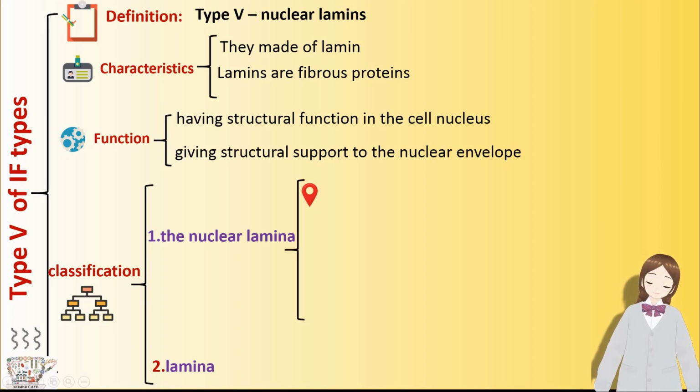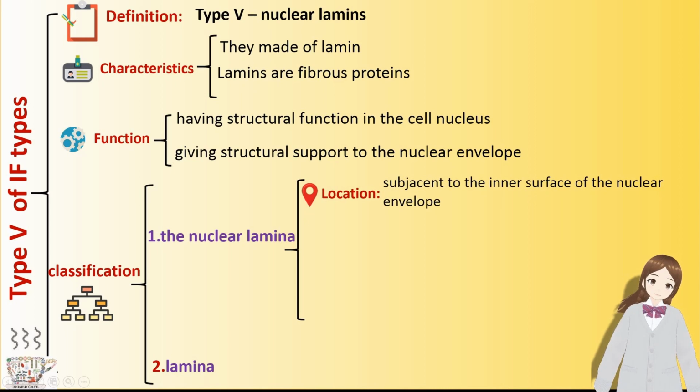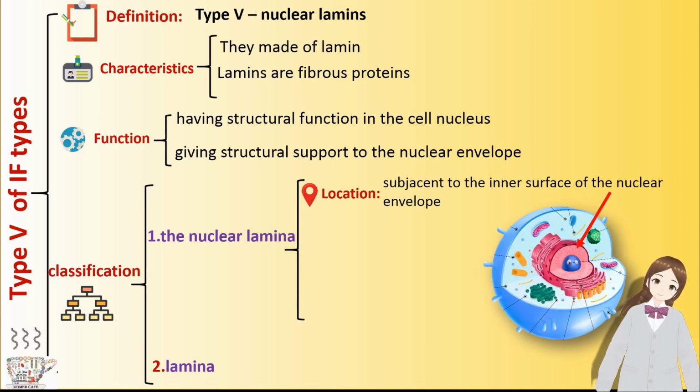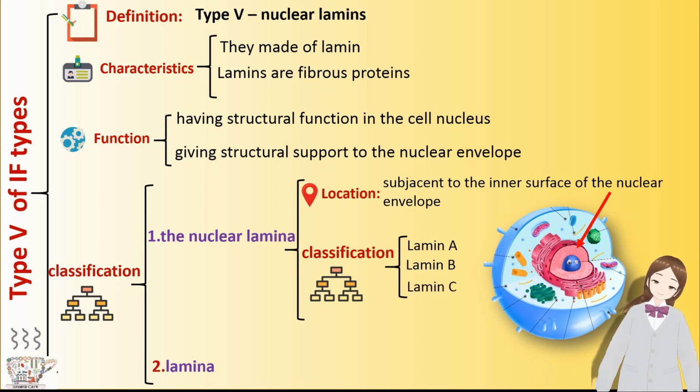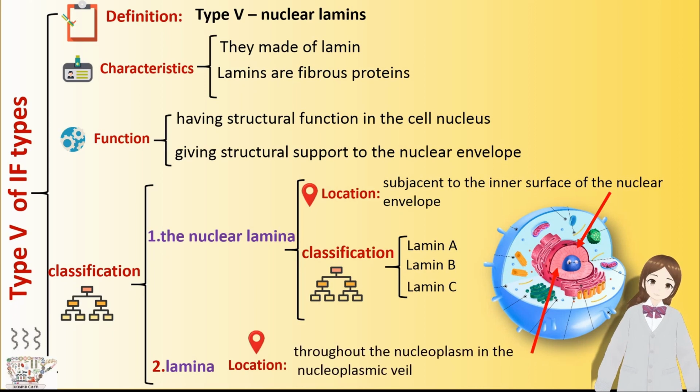The nuclear lamina is located subjacent to the inner surface of the nuclear envelope. It can be divided into 3 subgroups: lamin A, lamin B, and lamin C. The nucleoplasmic lamins are located throughout the nucleoplasm, in the nucleoplasmic veil.